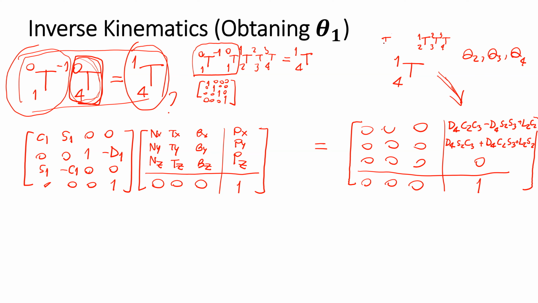We still don't have 1/0. So in this matrix, we can see only theta 2, theta 3, and theta 4.